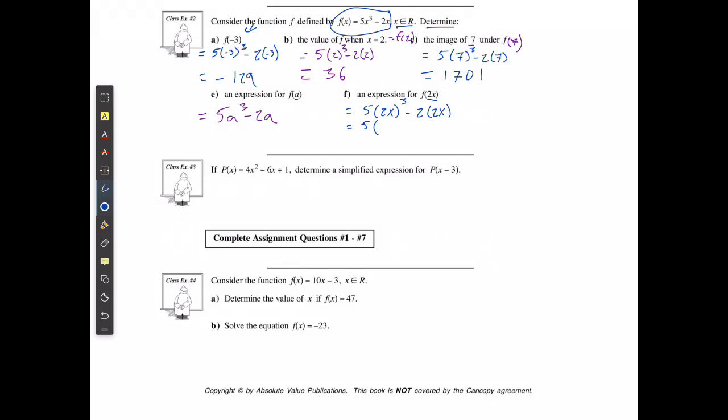Well, 2x to the power of 3 is going to be 2 cubed, or 8, and then x to the power of 3. And negative 2 times 2x is going to give me minus 4x. And then when I multiply the 5 into the left-hand side, 5 times 8 is going to give me 40x to the 3 minus 4x, and there's my new simplified equation.